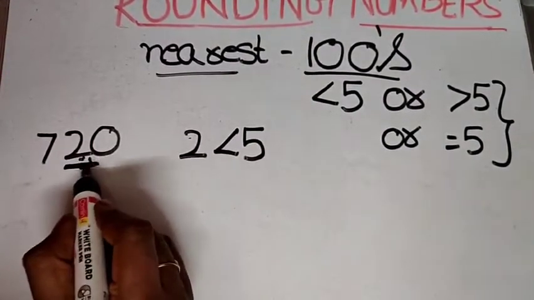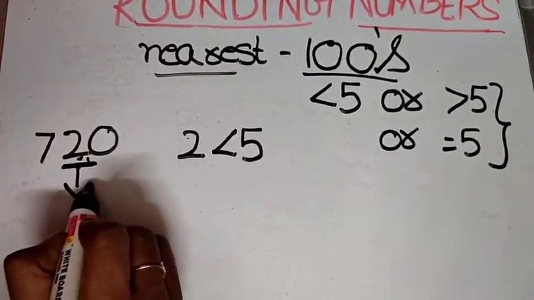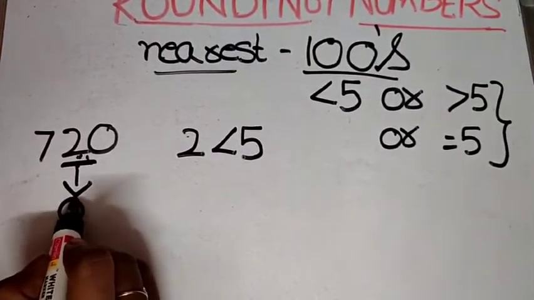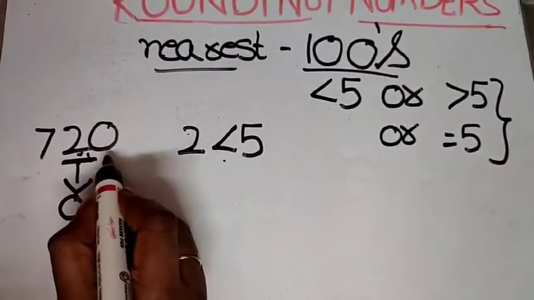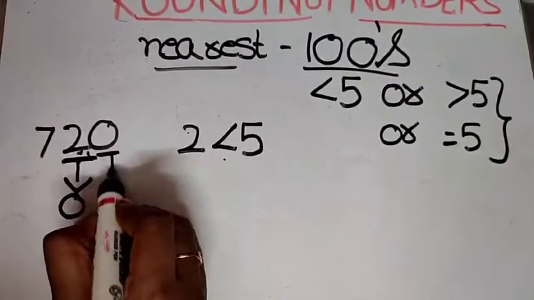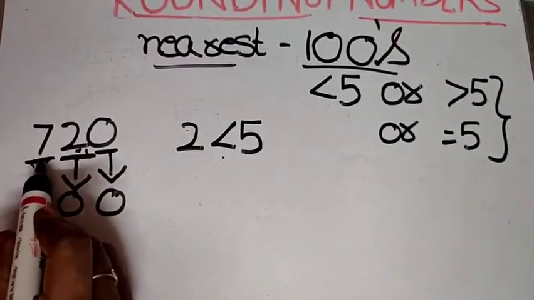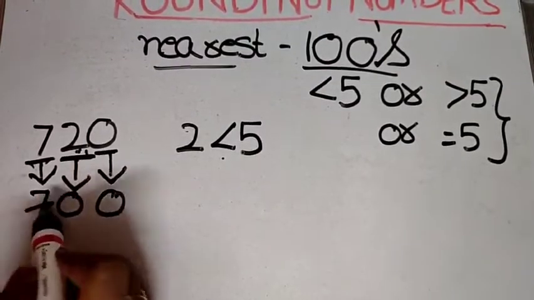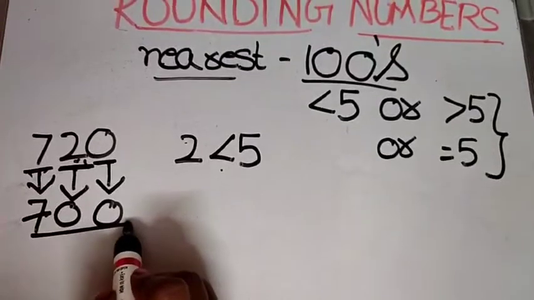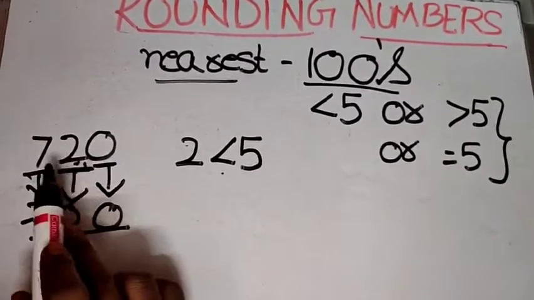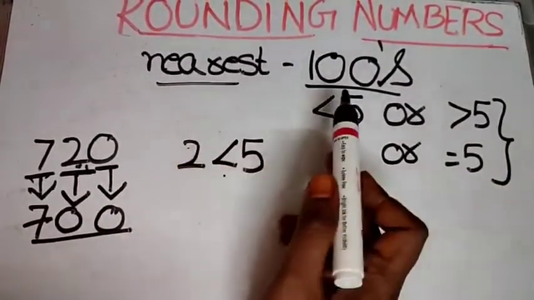Yes, we have to take this number as 0 because it is less than 5, and this digit also becomes 0. And get this number down. 700 is the rounding number of 720 to nearest hundreds.